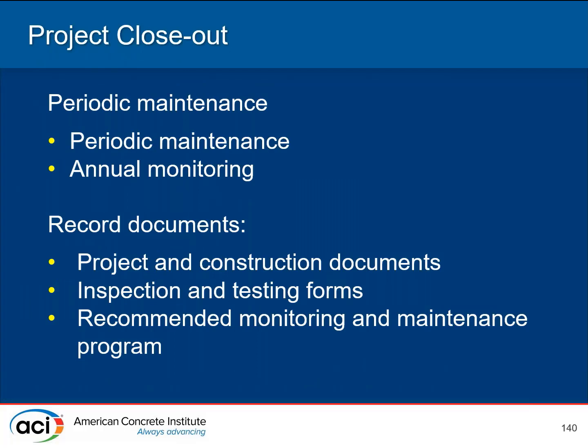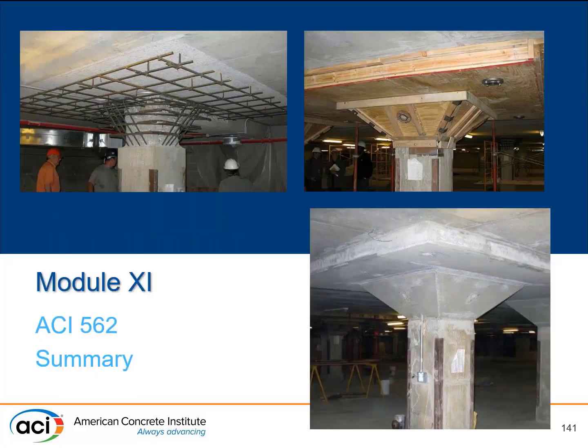And then some closeout documents, what the maintenance requirement was, provided in the record documents. So I know that was really quick. I encourage you to go through that, trying to hit the highlights of a fairly intense example. It's a good way of thinking about it, to demonstrate how 562 was applied to that situation.